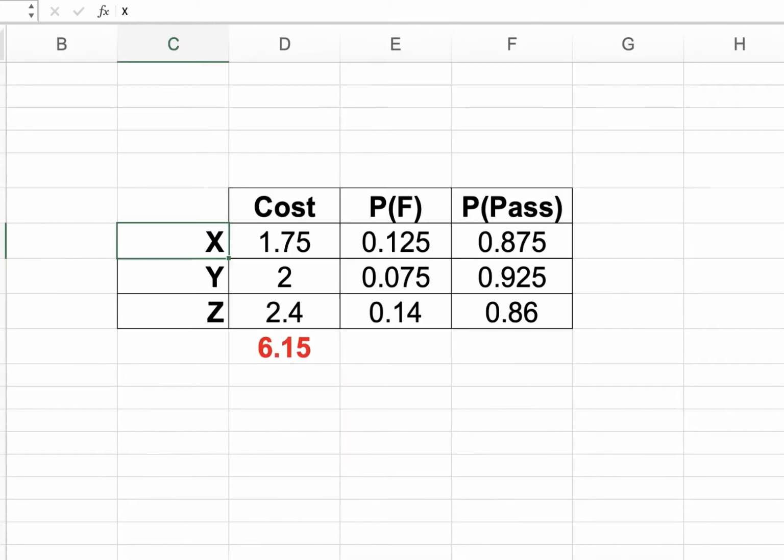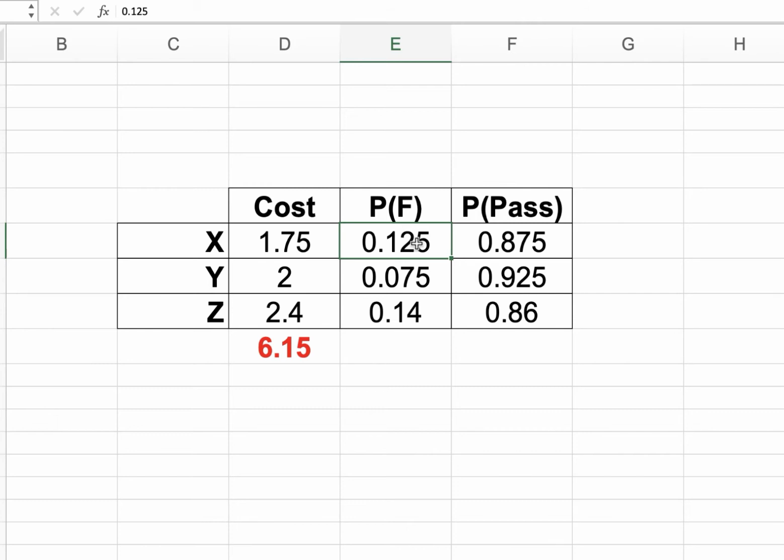I have another worksheet here with some important given information to consider. We're only paying for the tests that we attempt. The probability of failure of component X is 0.125. So if we begin with X, we pay $1.75, but if we fail that test, the board is scrapped and we do not incur any additional cost.